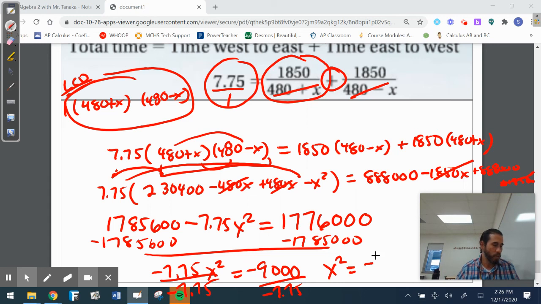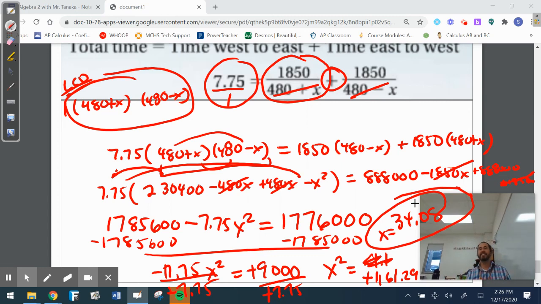I get negative 1161.29. And then I just have to square root positive, because 2 negatives makes a positive. And then I square root both sides. And if I square root that number, 1161.29, take the square root of that bad boy, I get x equals 34.08. And that's how fast the headwind is.